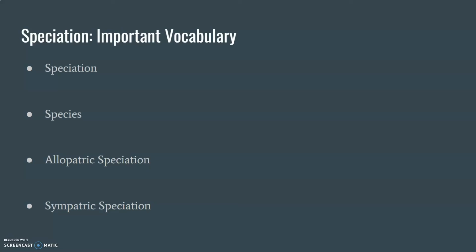So this is when individuals in one geographical area are influenced by disruptive selection or mating preferences. And this can cause speciation. And if you don't know what disruptive selection is, it's basically when 2 opposing traits are equally favored by nature in that environment. So that can cause sympatric speciation.